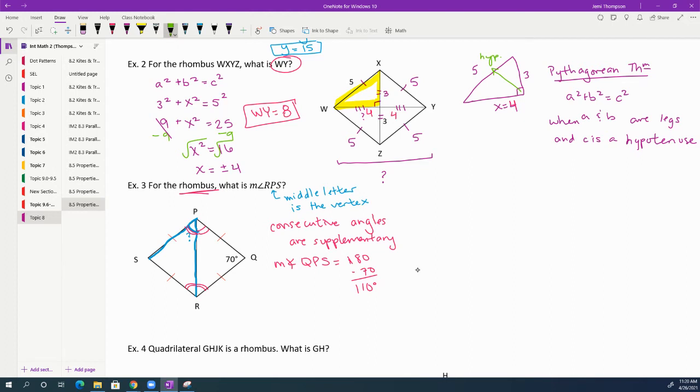And I know the angle is bisected. So if it bisects it, then that means that I want half.